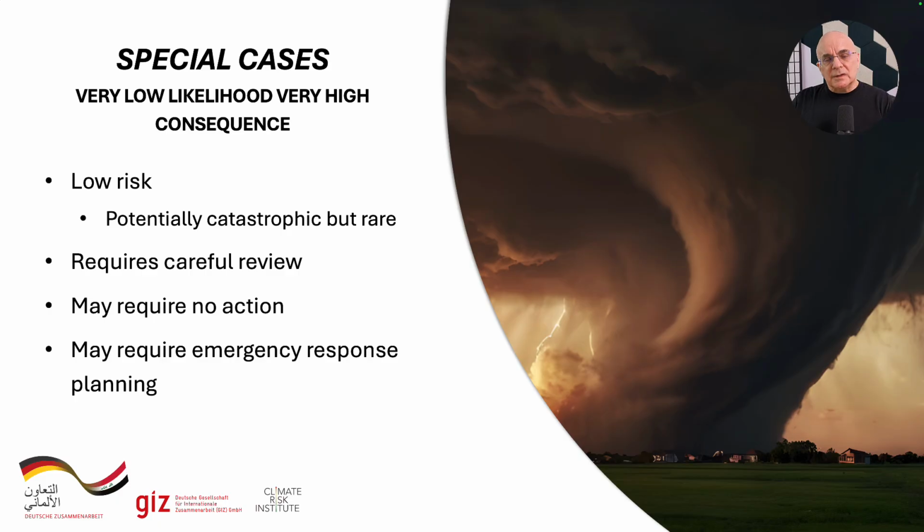So it's a low risk or a medium risk according to the assessment, but it could be potentially catastrophic. So we need to think about these things carefully. It may require no action. On the other hand, it may require some sort of emergency response preparation to deal with the consequences when they occur. So we think about these things in a little bit more detail and do not simply accept that it's a 5 and therefore we don't need to worry about it.